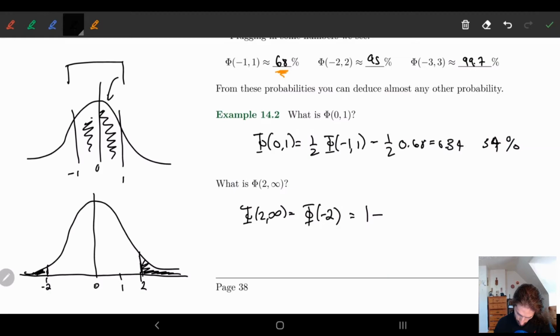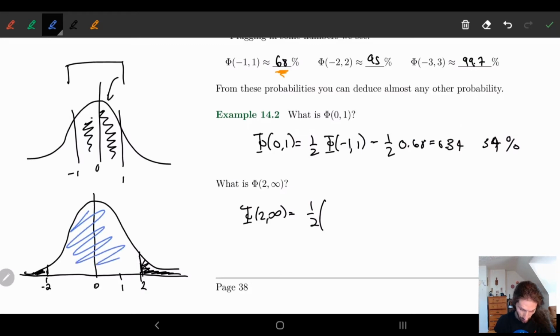Oh, no, I wanted this slightly different. So this is, again, half of these two regions, right? So what we're going to do is say 1/2 of this region here. Or, sorry, 1/2 of this, which is this part, the black part, is the opposite of this part.